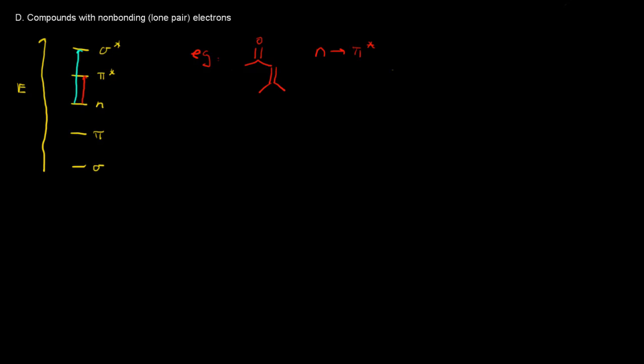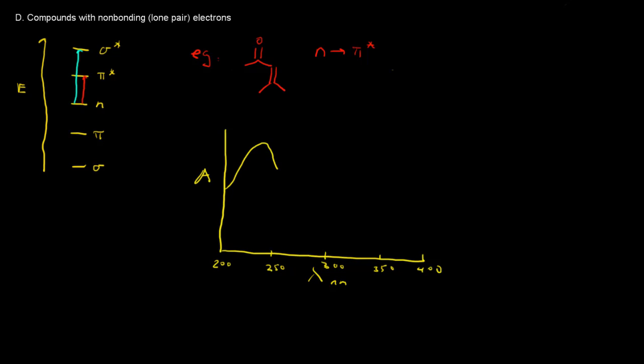And so let's look at the UV spectrum for this compound. And what we're going to see is that there are two absorptions in this spectrum. One more intense at lower wavelength and one less intense at higher wavelength. The more intense absorption corresponds to the pi to pi star transition.